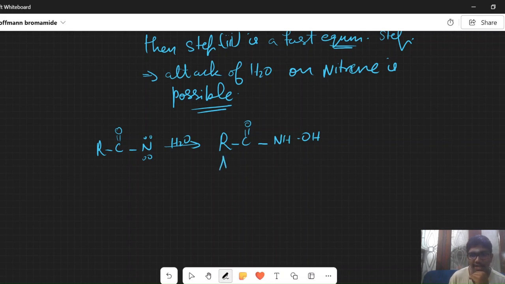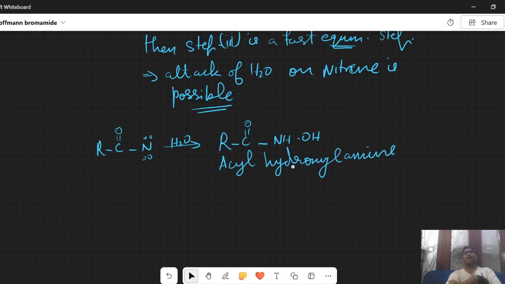This is called an acyl hydroxylamine. An acyl hydroxylamine can be formed.